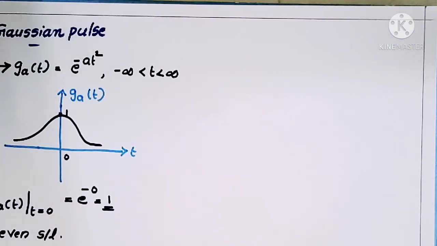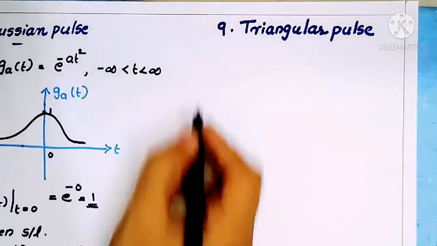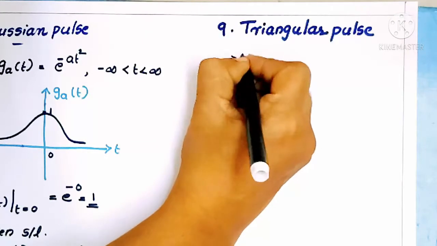Let's move to the next topic, that means the 9th basic signal, that is the triangular pulse. A triangular pulse can be represented as del of t.